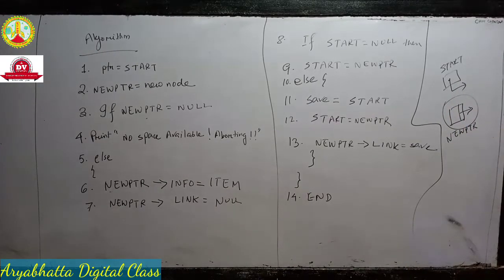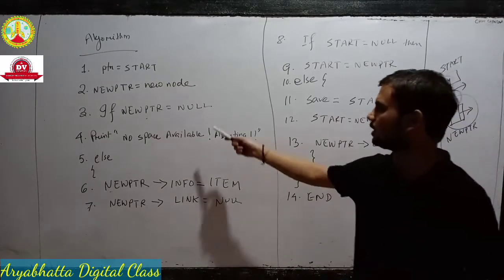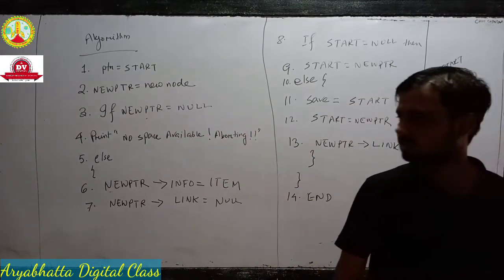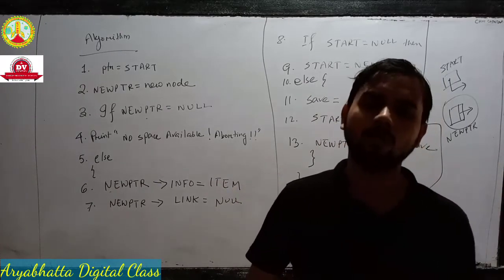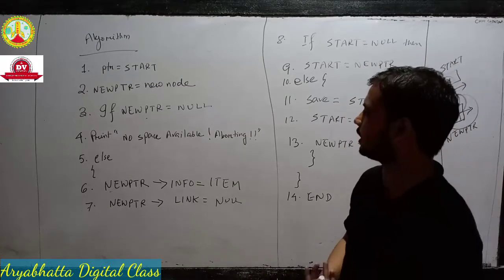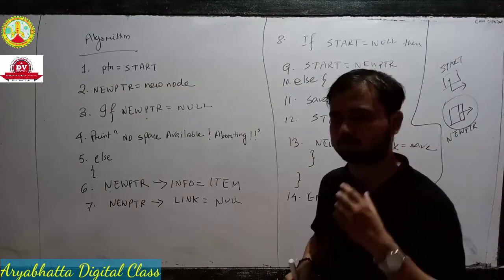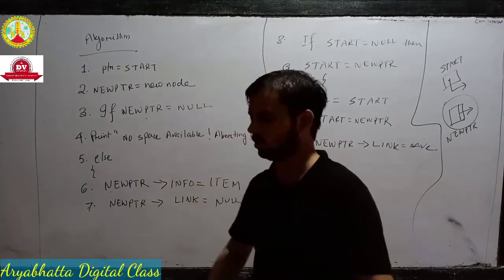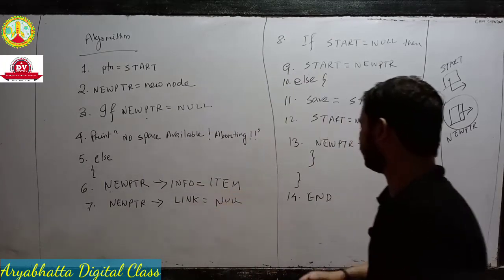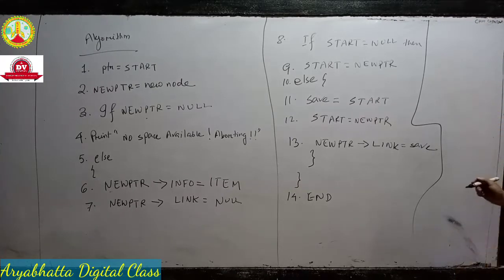If new ptr does not exist, think logically: if the new node does not exist, how will you insert it? Otherwise, if you create a new node, new ptr info will be item and link will be null, as I already taught you earlier.